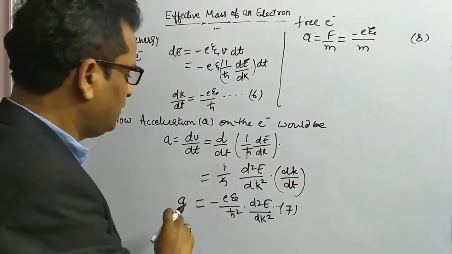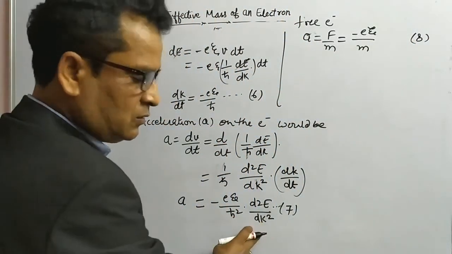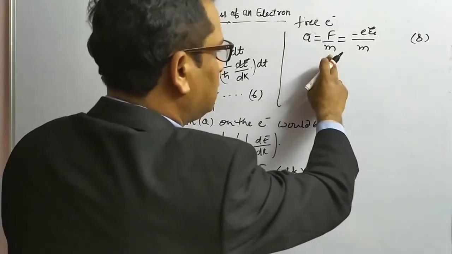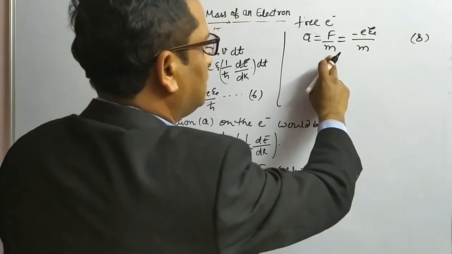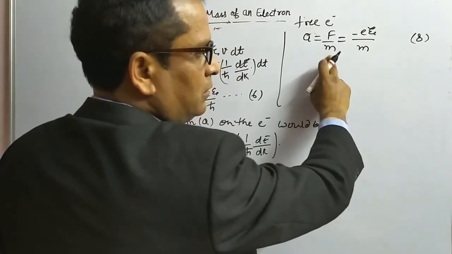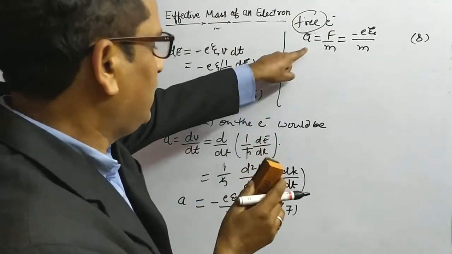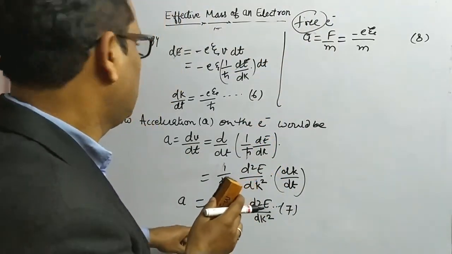Now I am going to compare these two equations. This one is for the electron in a periodic potential, and this equation is when the electron is not under periodic potential but is free. So this is for the free electron, this is for the electron in a periodic potential.